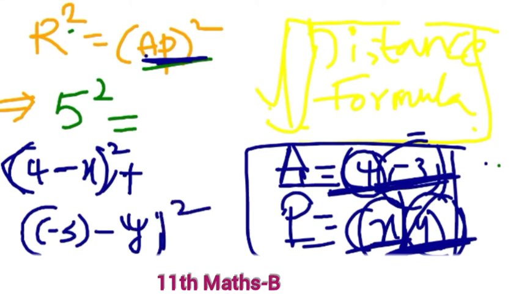Okay, so what we have got is the expanded equation. The equation is 5 square is equal to (4 - x) whole square plus (-3 - y) whole square. Okay, let's move on to the next page.